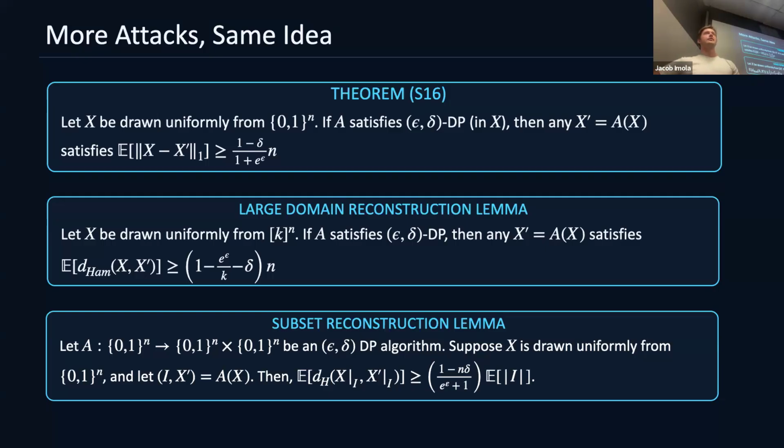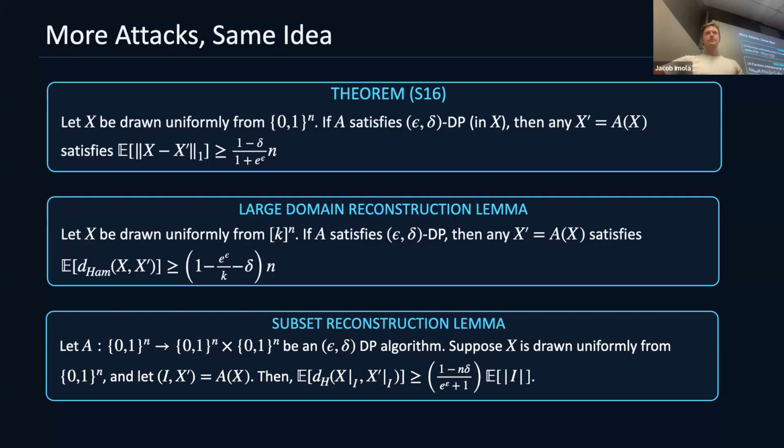So basically this attack is saying, based on the output, I'm not confident about many of the points, but for a small subset of the points, I'm confident and I can guess them. So the reconstruction lower bound we have here is that if you try and reconstruct I points, then the Hamming distance between your guess is going to be at least, and then we have the same constant roughly, 1/2 times the expected size of the set you're trying to reconstruct.